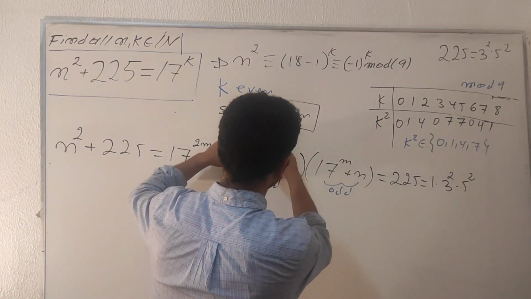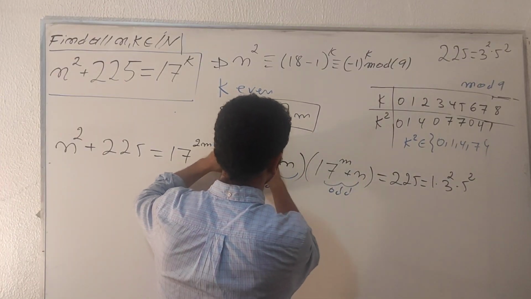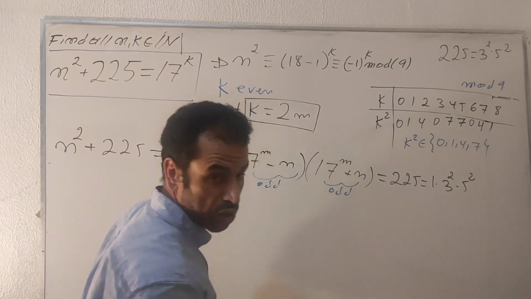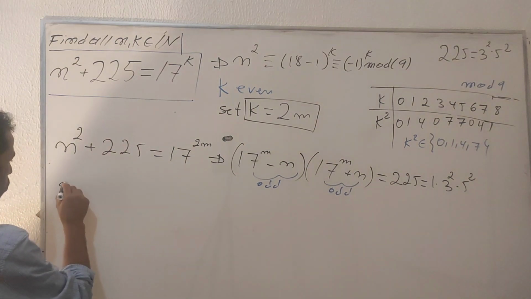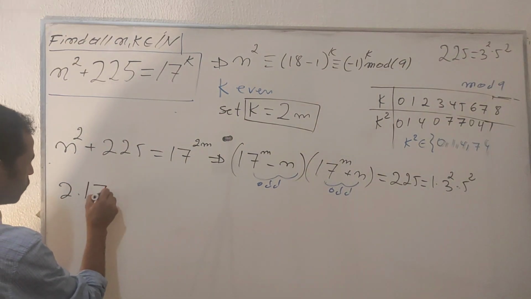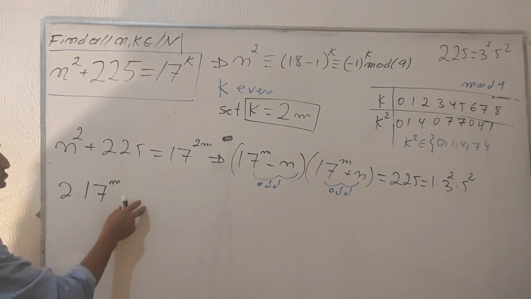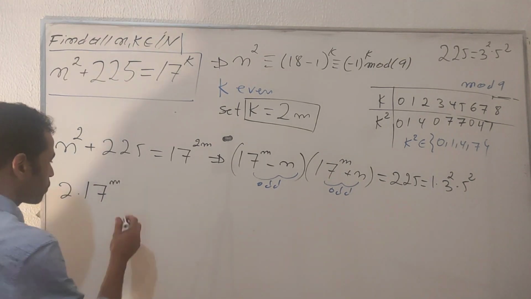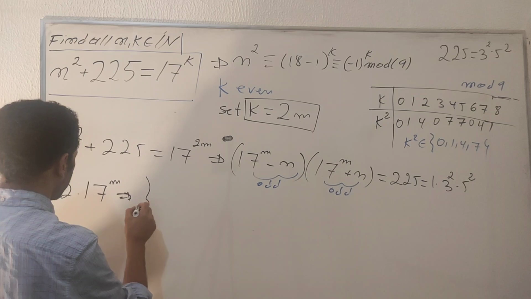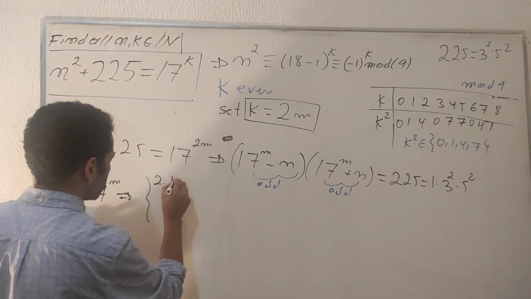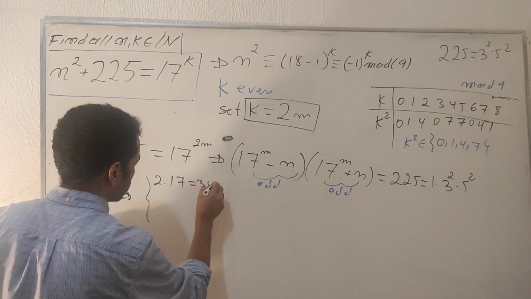Let's check if I sum these two terms of the product. I'm going to sum this one and this one. I get n cancelled out. I will be left with 2 times 17 to the m. Now I'm going to set all the possibilities of this product. If m equals 1, I get 2 multiplied by 17, which is 34.